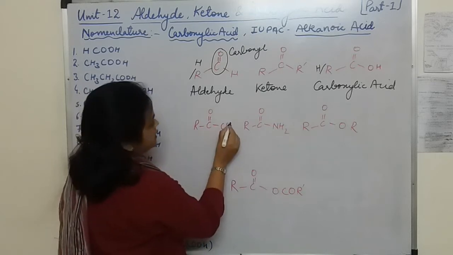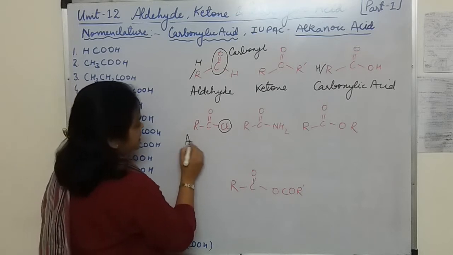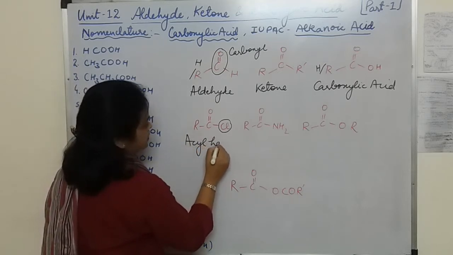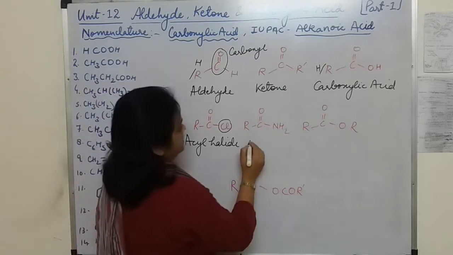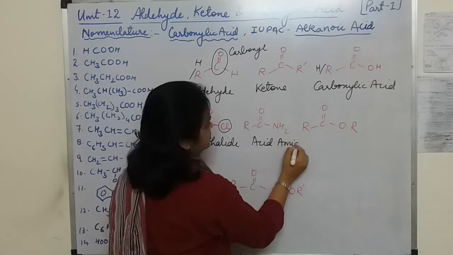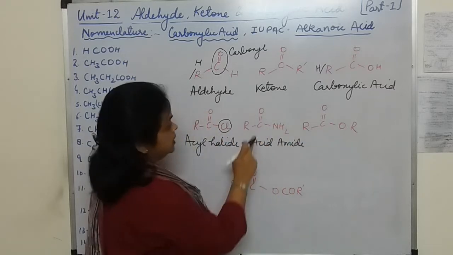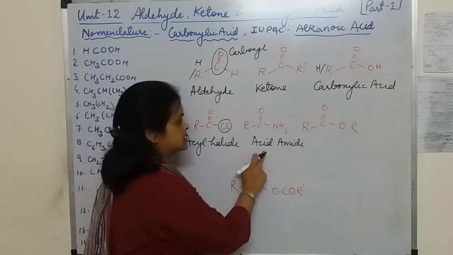One, when OH is replaced by Cl, that is acyl halide. When it is replaced by an NH2 group, that is acid amide. Students take care, here we have CONH2, CONH2, that means acid amide.